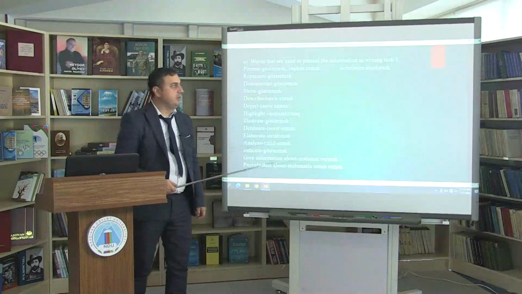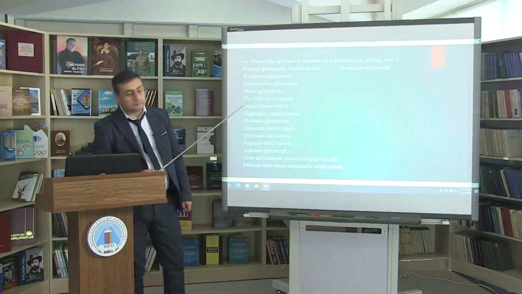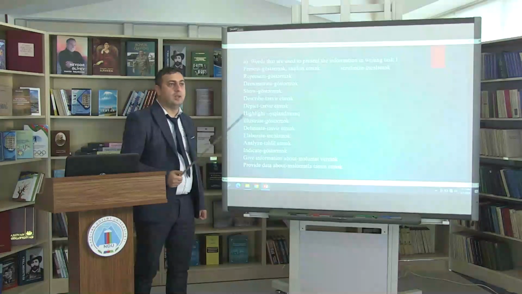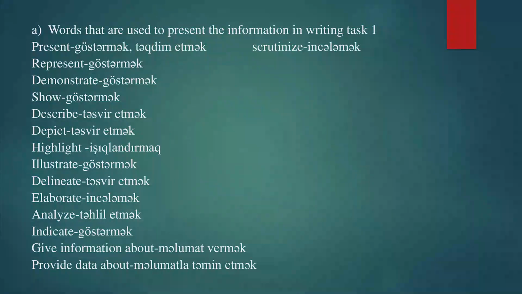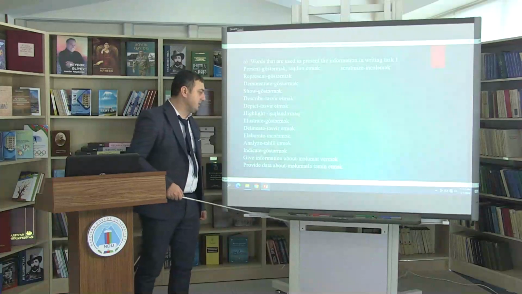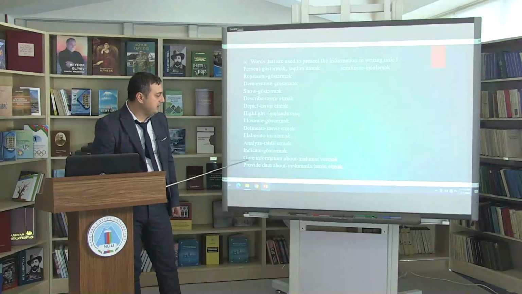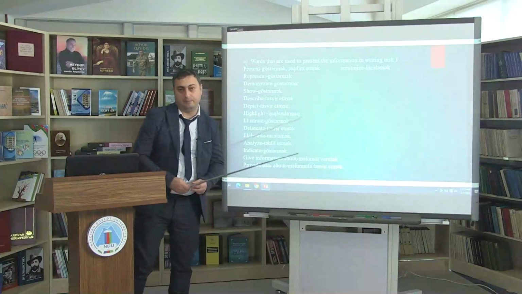Then let's pay attention to the words that are used in writing task 1. First of all, in the introduction part, we can use the words present, represent, demonstrate, show, describe, depict, highlight, illustrate, delineate, elaborate, analyze, indicate, or give information about, or provide data about.